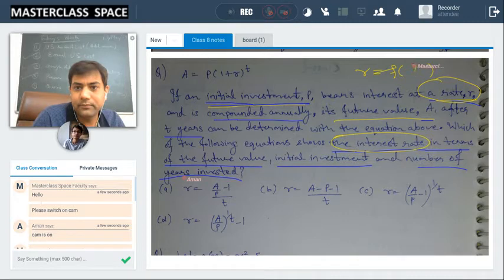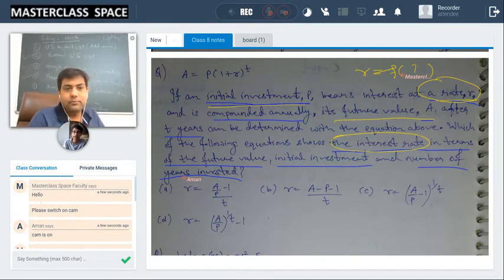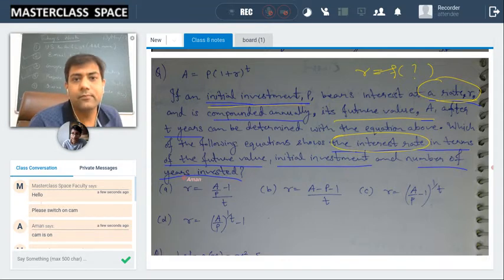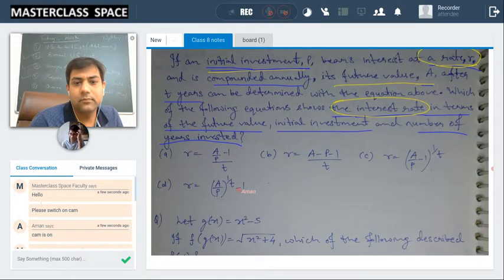Okay. So A over P equals 1 plus RT. I can't use logs to solve this, right? Yeah, I can't.